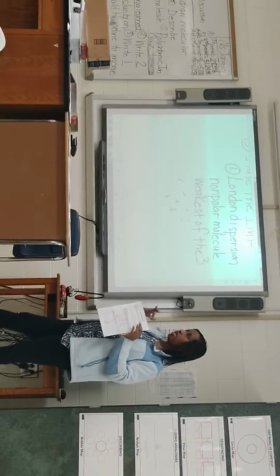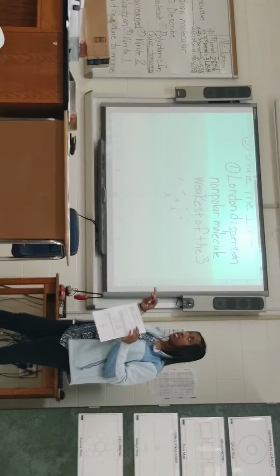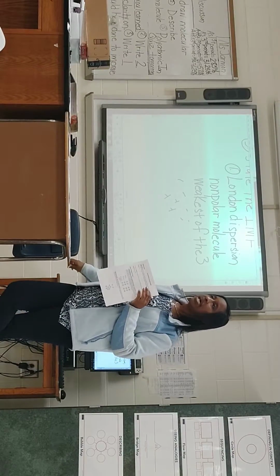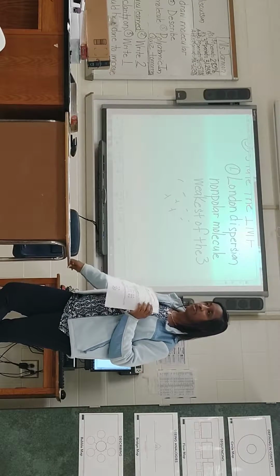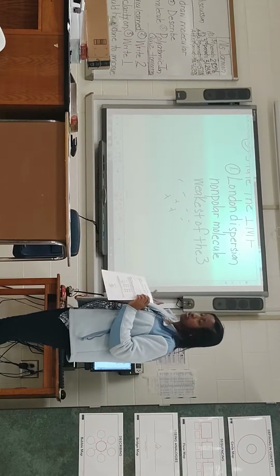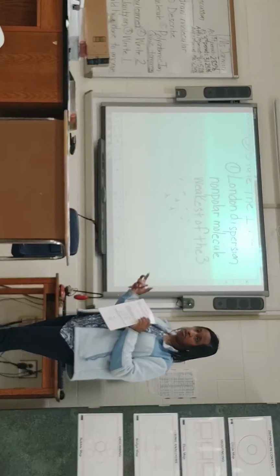It's a very weak force. Remember, let's go back and attach that to that electronegativity trend activity worksheet you did. If your electronegativity difference was between 0 to 0.4, you chose nonpolar. Now you see why. It is the weakest of the 3 intermolecular forces.